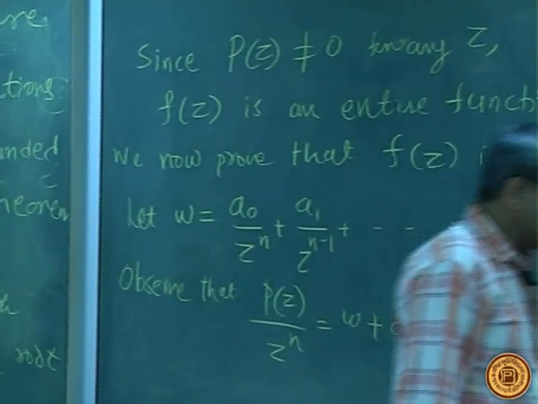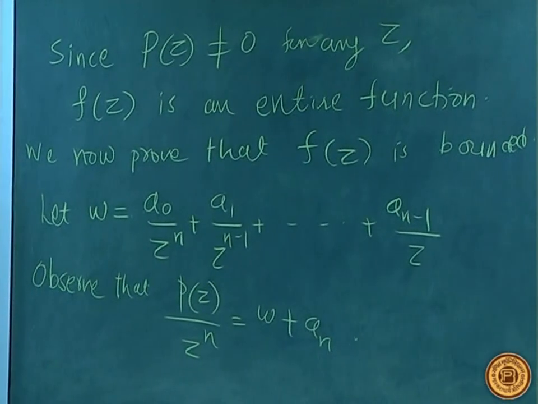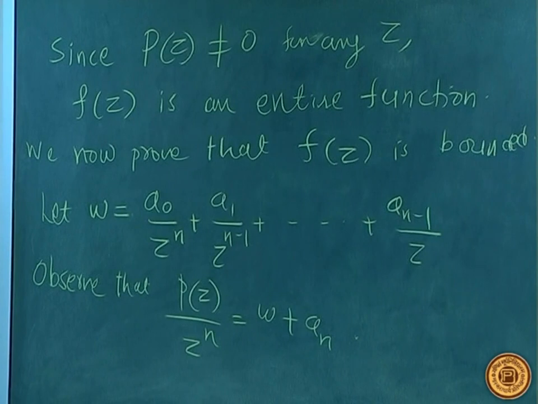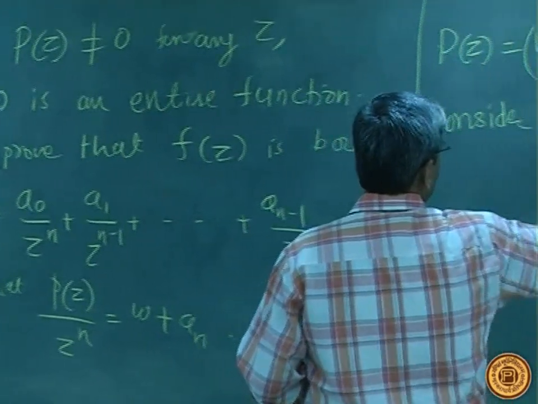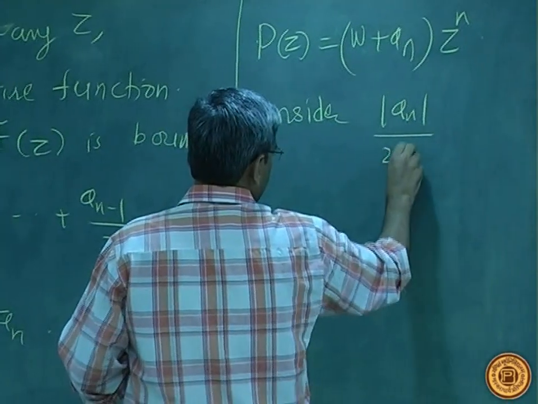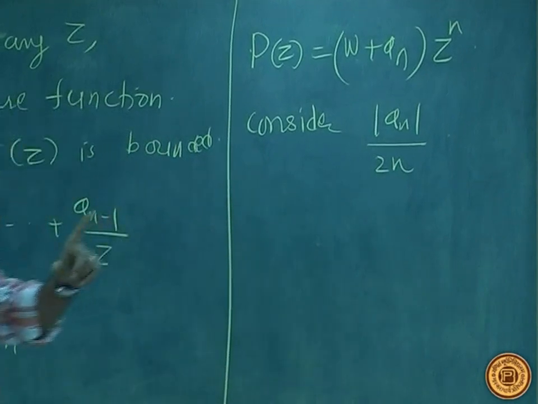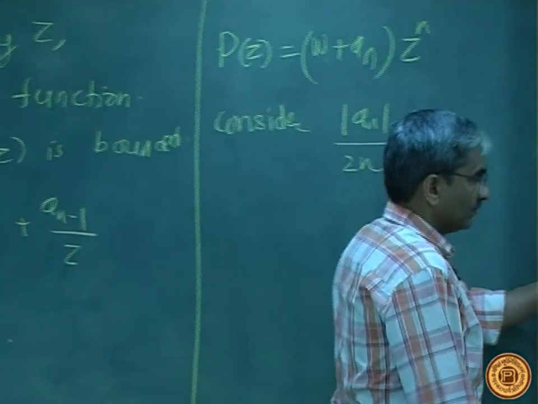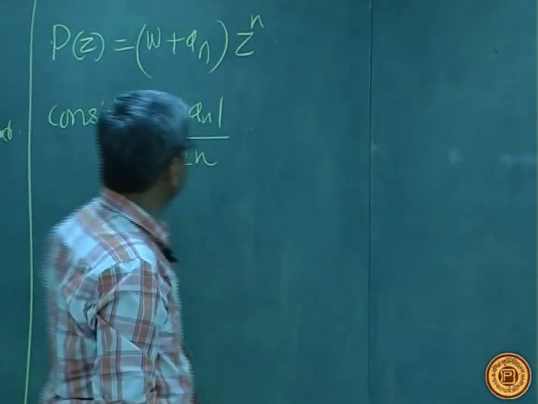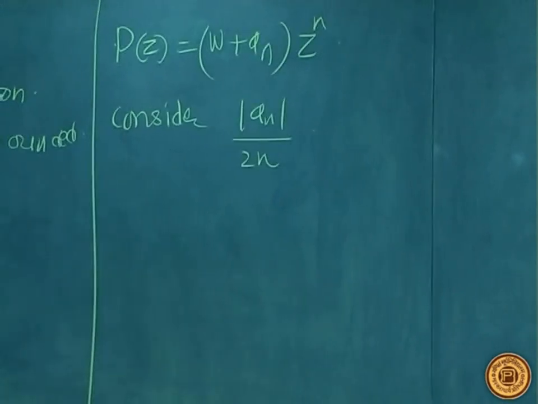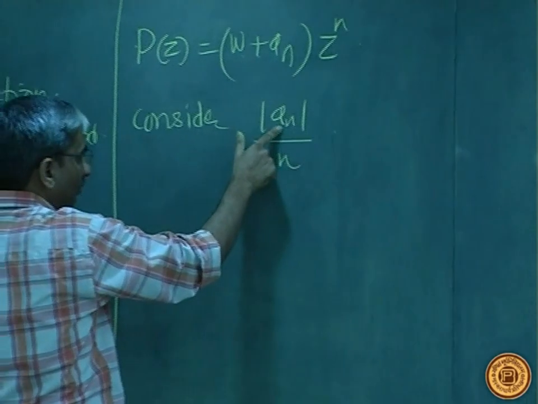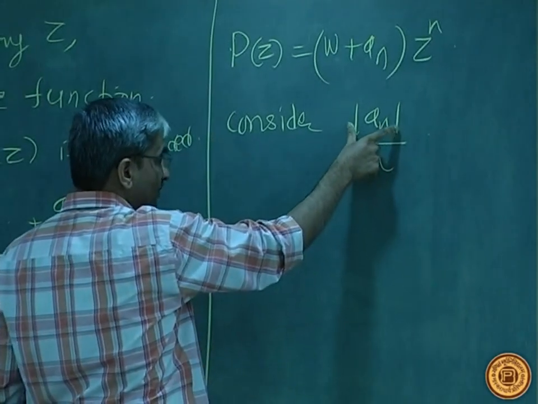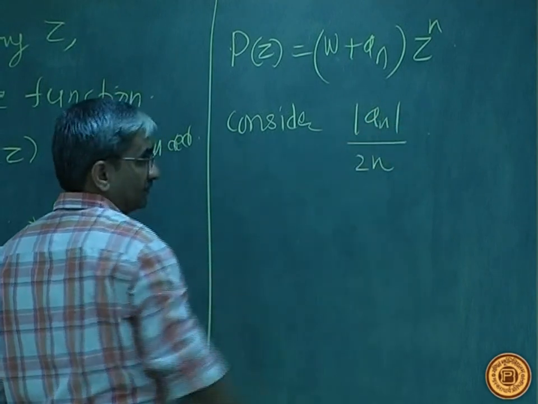So we choose a certain number. Let us choose here mod an upon 2n. Remember, n is fixed. P is a polynomial of degree n. So this is a fixed number and this is a real number because you have taken the absolute value. Coefficient an can be complex, but this is an absolute value. This is a positive real number.